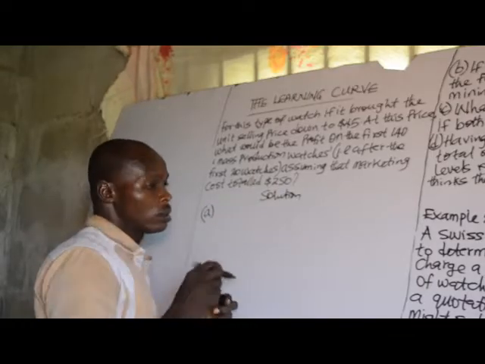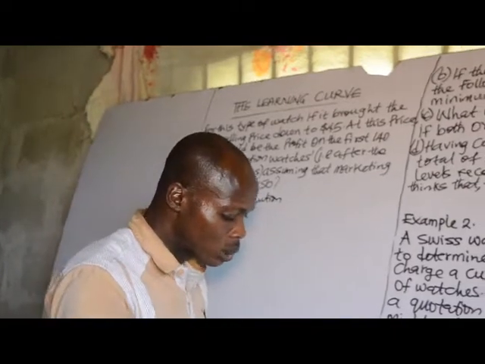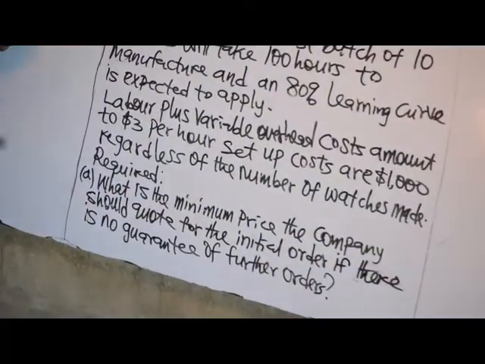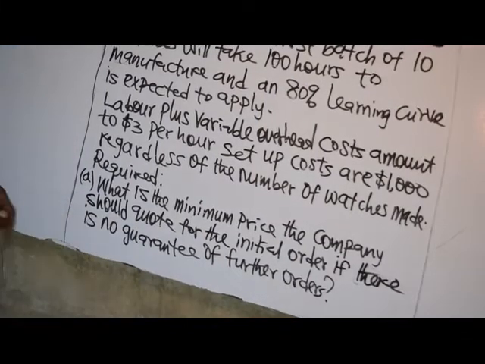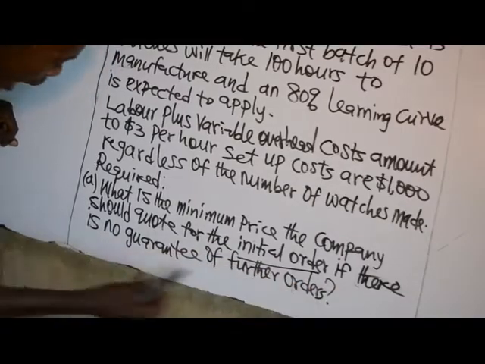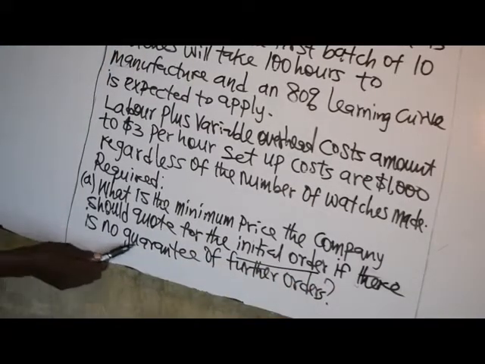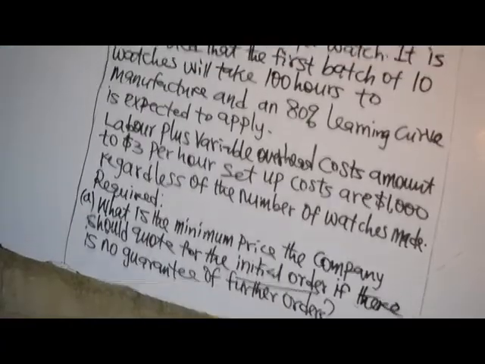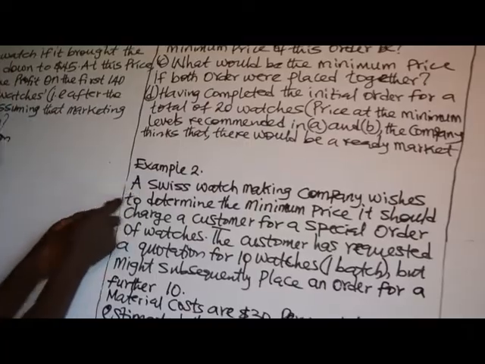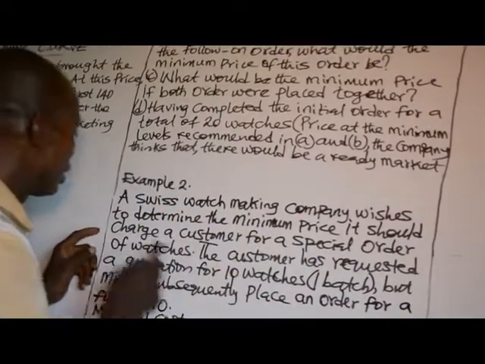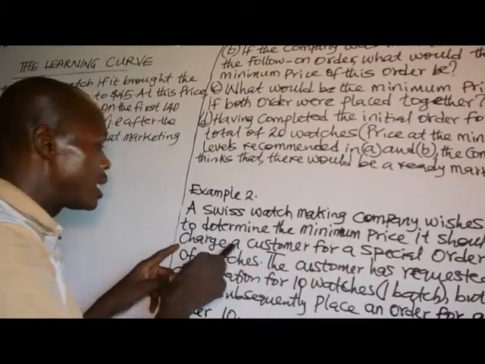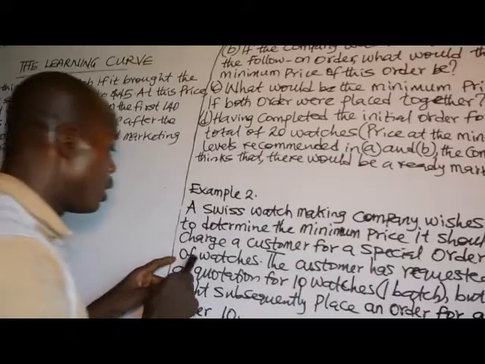A. Let's look at the requirement A. What is the minimum price the company should quote for the initial order if there is no guarantee of further orders? The initial order was the first batch. If you go back to the question, a Swiss watch making company wishes to determine the minimum price it will charge a customer for a special order of watches.